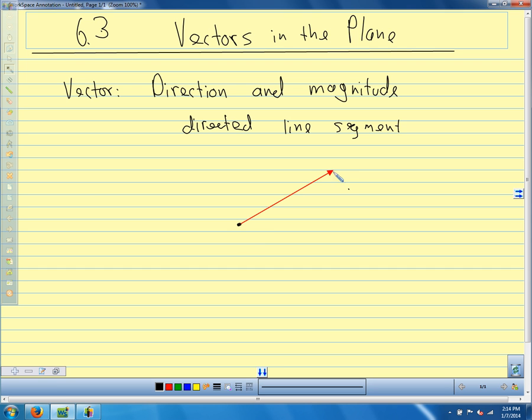So we're going to name some pieces here. If it starts off here at point P, we call that the initial point. And if it goes to point Q, we call this the terminal point.